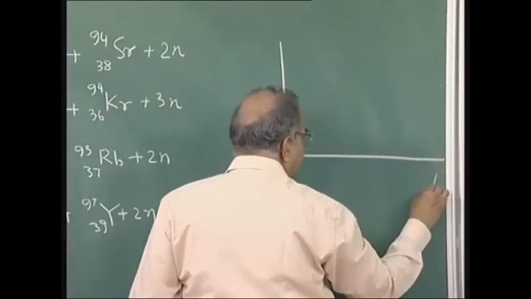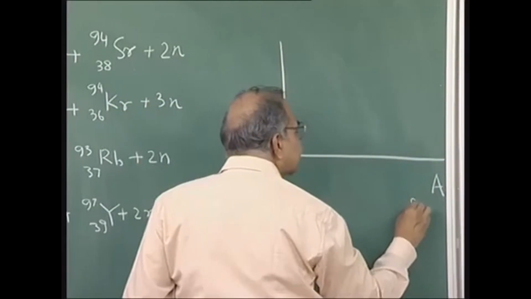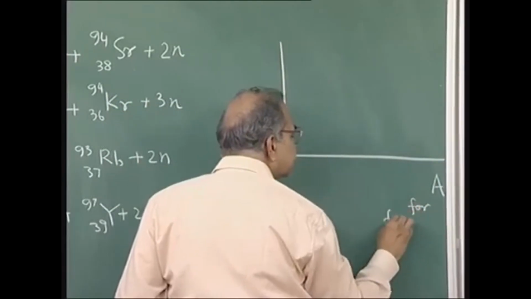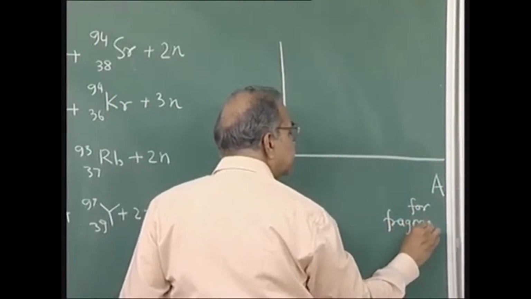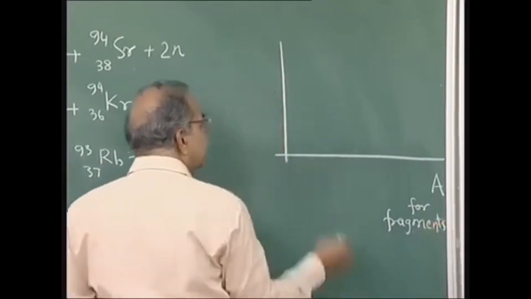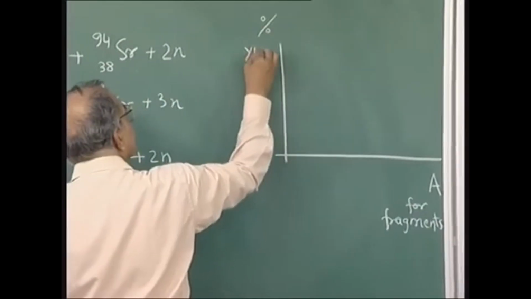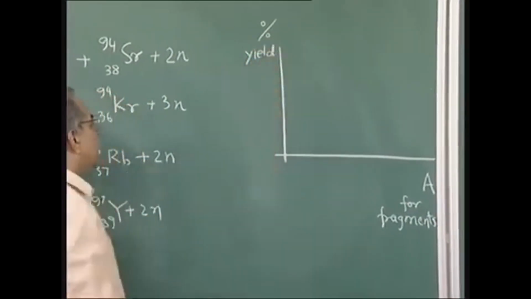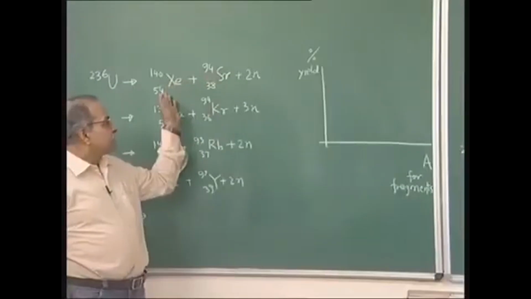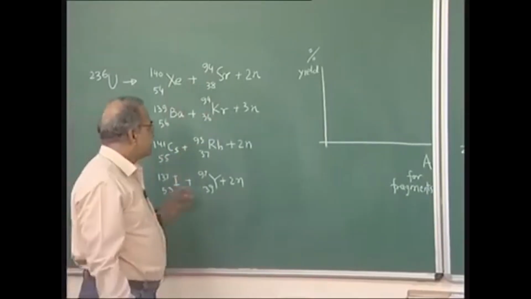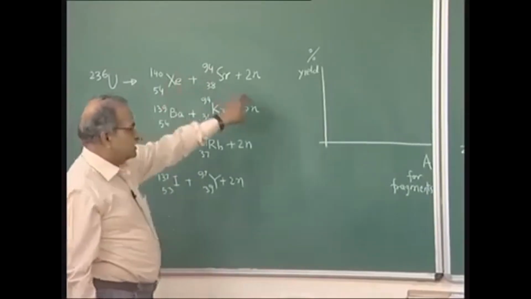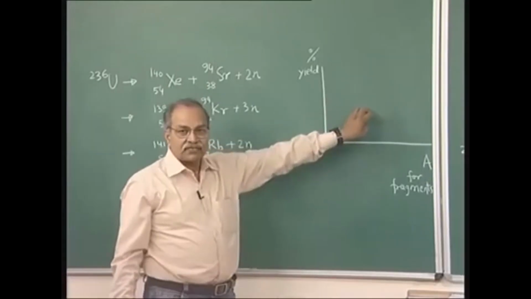So, here I am plotting A of fragments, and on this side you can say percentage yield. In all the material that is here after this fission event, how much is this A and how much is that A, and so on.